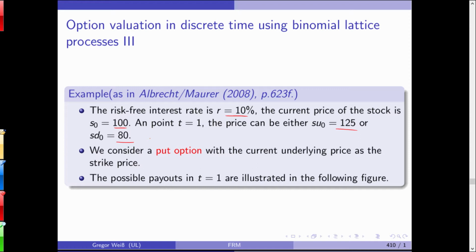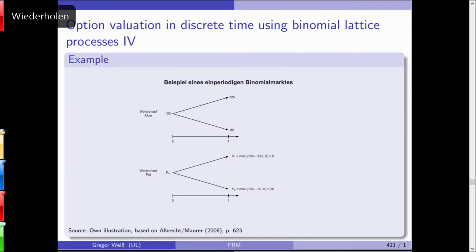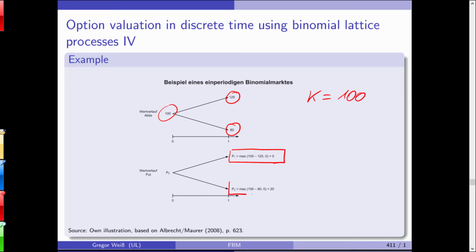Now, the possible payouts in t equal to 1 are illustrated on the following page. You have 125 and 80 here. If the strike is the current stock price, 100, we know that the put is worth 0 in the up state, and it's worth 20 here, meaning that we have a payout of 0 or 20.